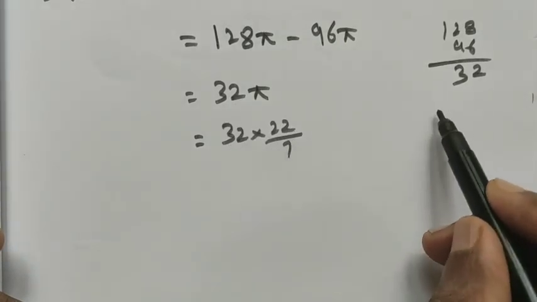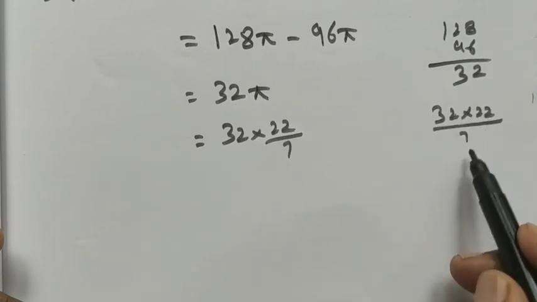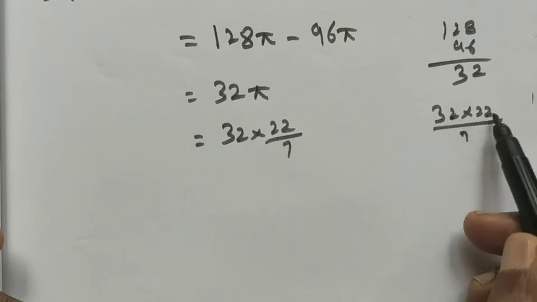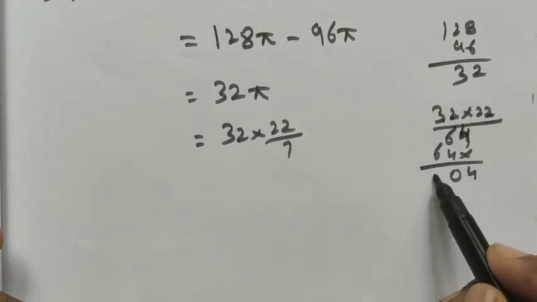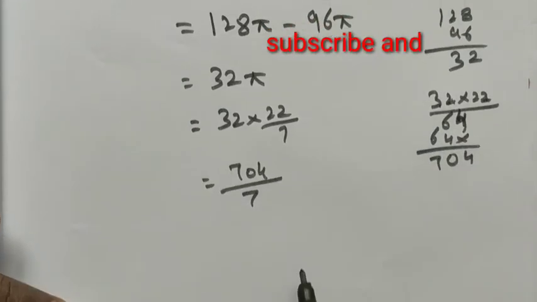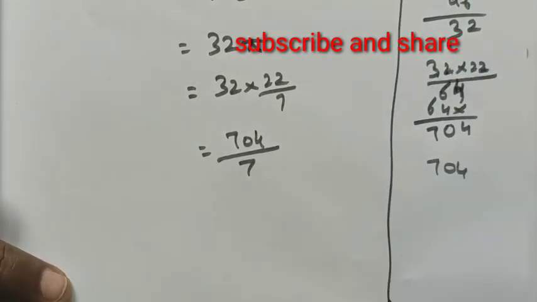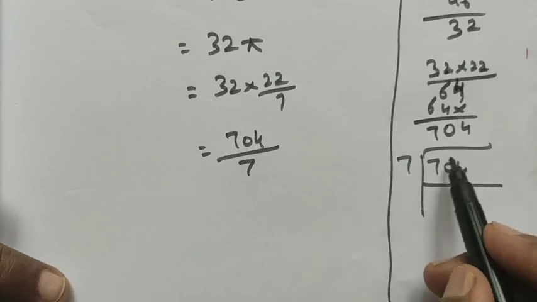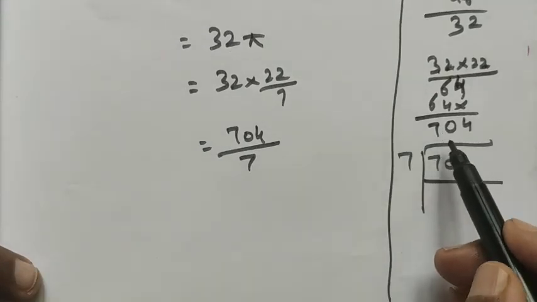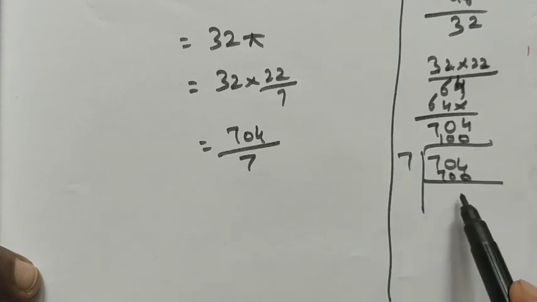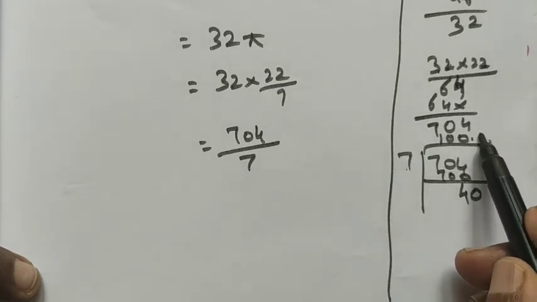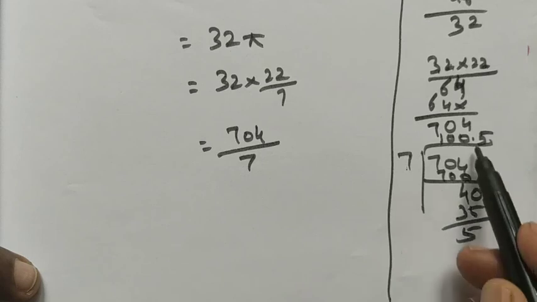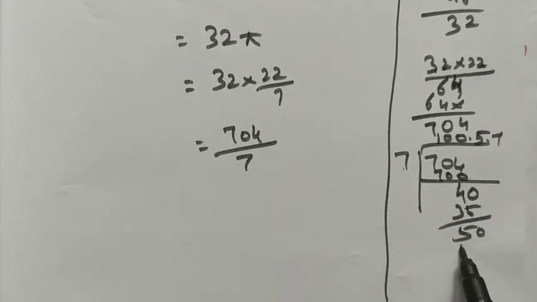Multiply 32 into 22, which is 704, divided by 7. 7 into 100 is 700, remainder 4, then put the decimal point and add 0. 7 fives are 35, remainder 5, and 7 sevens are 49, remainder 1. So we get 100.57.